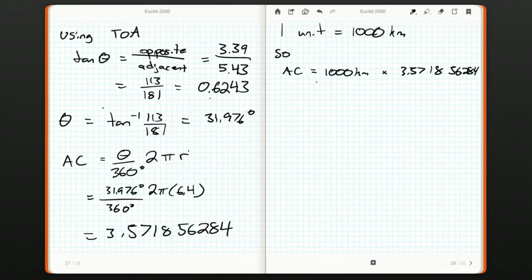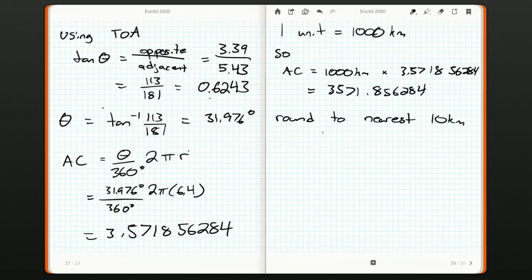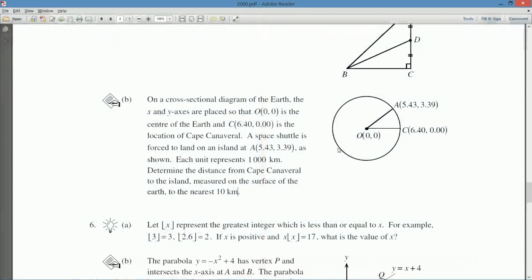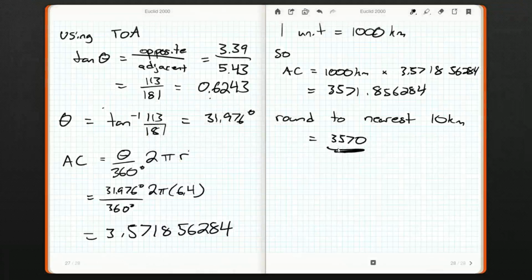So we multiply by 1,000, so we move the decimal point over to the right by 3 places. And we round to the nearest 10 kilometers. That's 3570. Okay? And that should be our final answer. And of course, I should have kilometers in there.